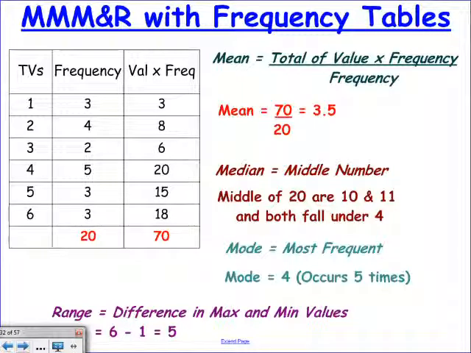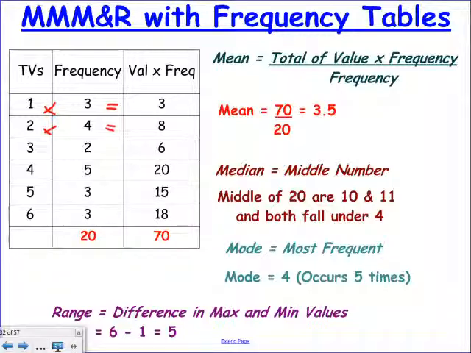So to work out my mean for my frequency table, I need to know how many tellies these 20 people have got. So 3 lots of 1 means there are 3 tellies. These 3 people own 3 tellies. These 4 people at 2 tellies each own 8 tellies. So you have to multiply your data by your frequency to get your total value.